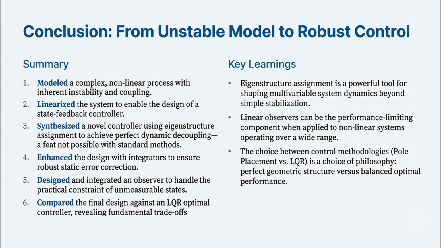So in conclusion, what did I do in this project? What did I learn? Well, I modeled the complex nonlinear process. I linearized it around the unstable point. I synthesized a new controller, enhanced the design by using integrators. Then I went on to design the observer, which is needed to observe unmeasurable states, and I compared the final result with an LQR.